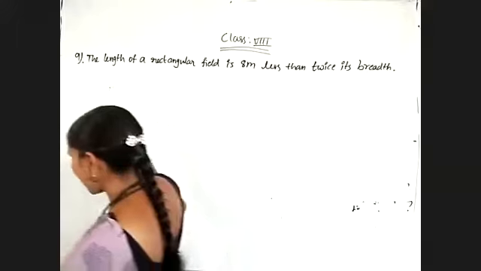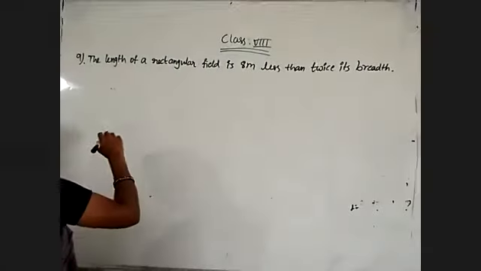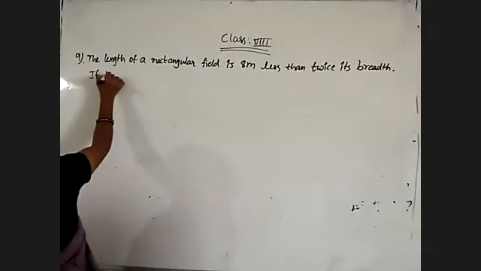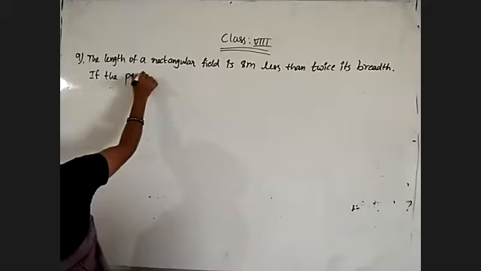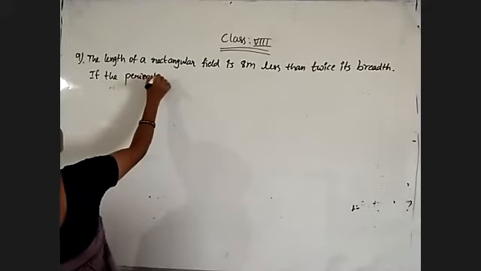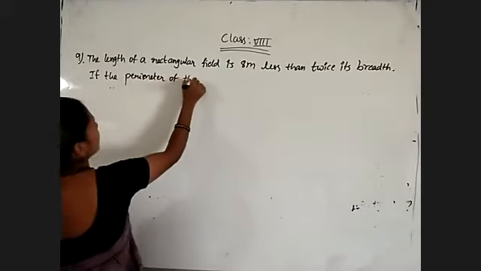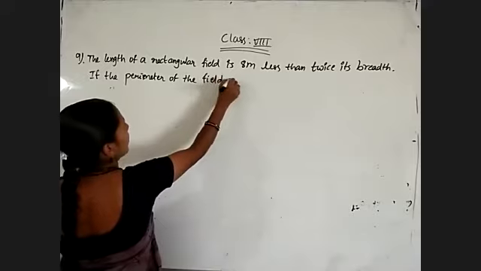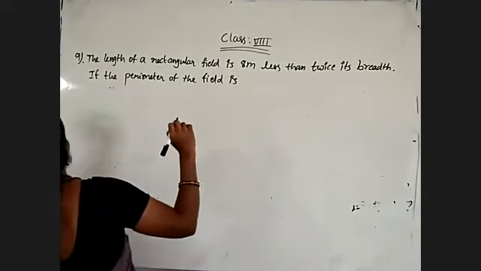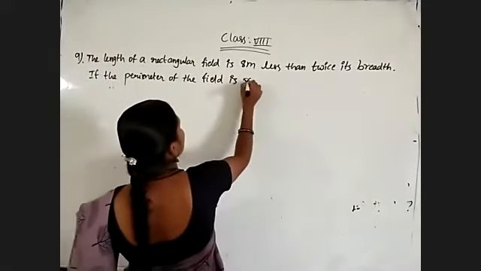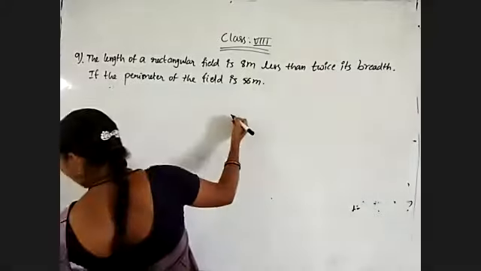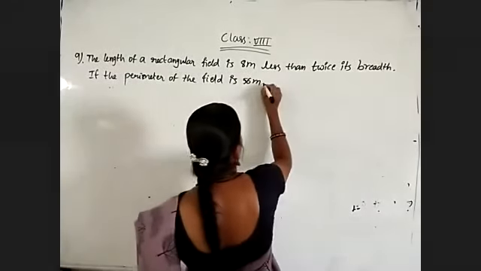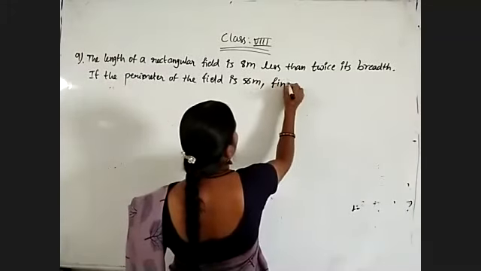Okay, that is the given statement. If the perimeter of the field is 56 meters, find the length of its sides.